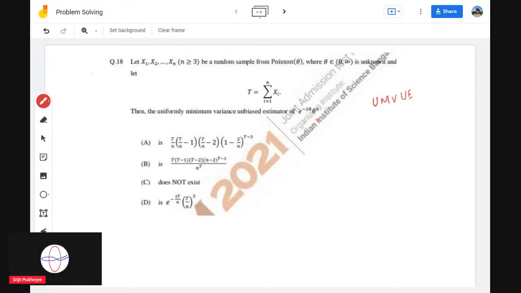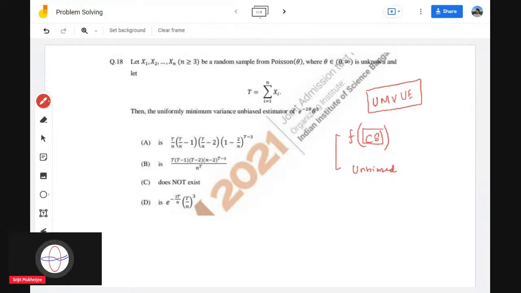Number one is that you find a UMVUE from the fact that it's a function of the complete sufficient statistic, as I have already told you many times, and it's unbiased. By using Rao-Blackwell and Lehmann-Scheffé, we can comment on this.